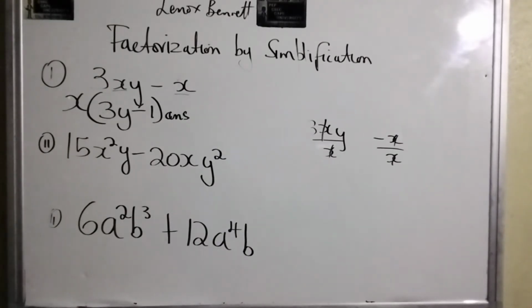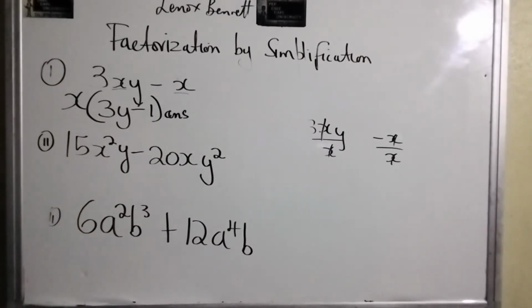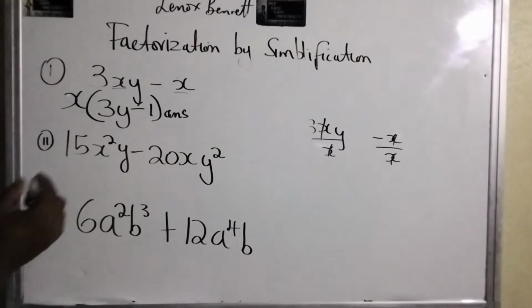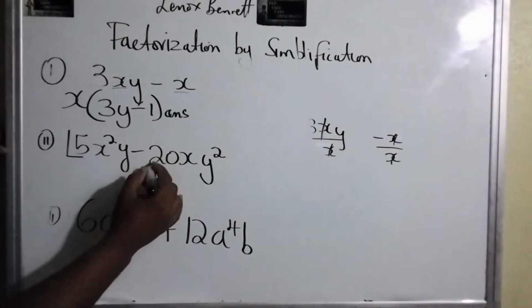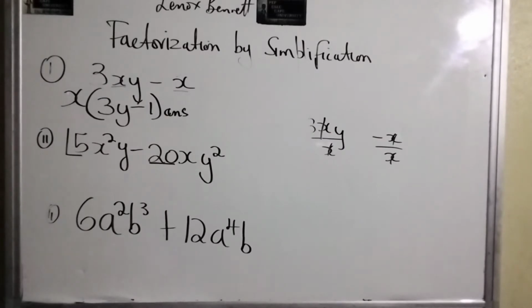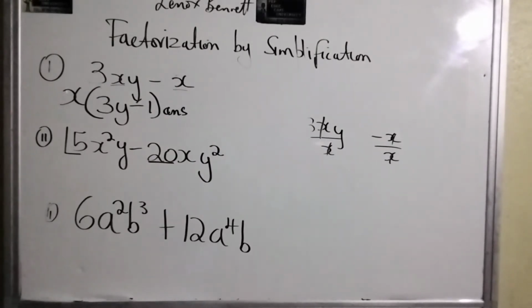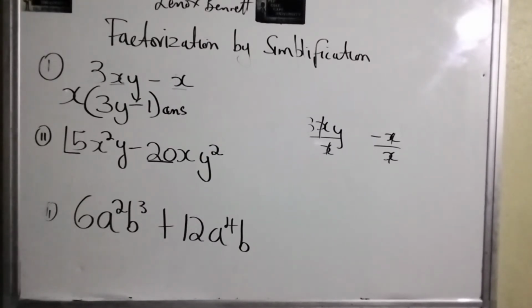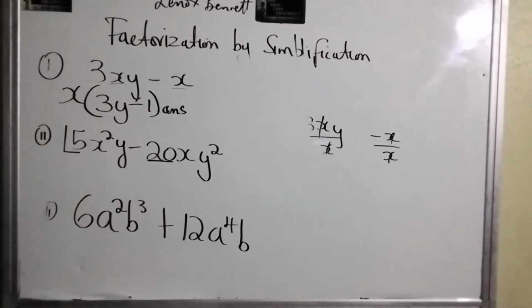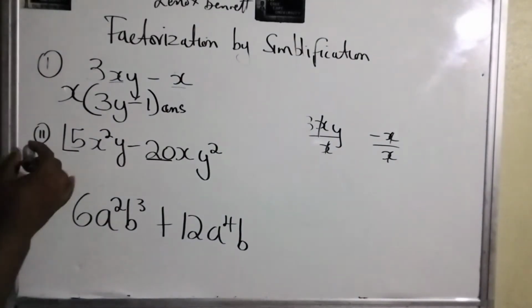So the first question we ask ourselves: what is the highest number that can go into both 15 and 20 without a remainder? That would be 5. 5 can go into 15, 5 can go into 20. So we pull out the 5.